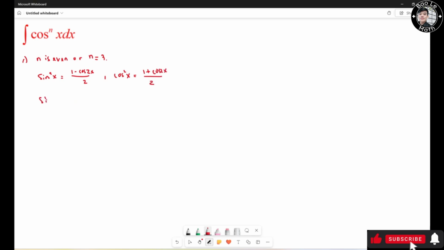And sine cube of x equals negative sine 3x plus 3 sine x over 4, and cosine cube of x equals cosine 3x plus 3 cosine x over 4.